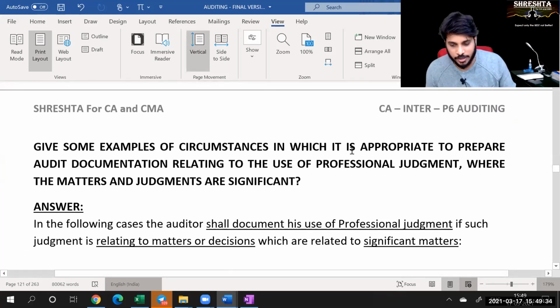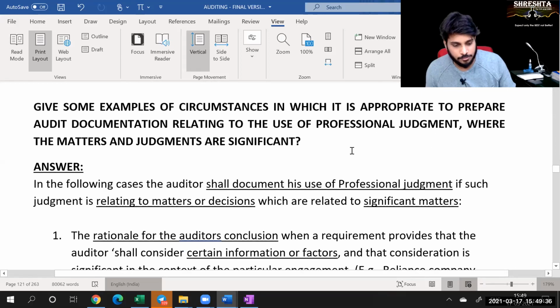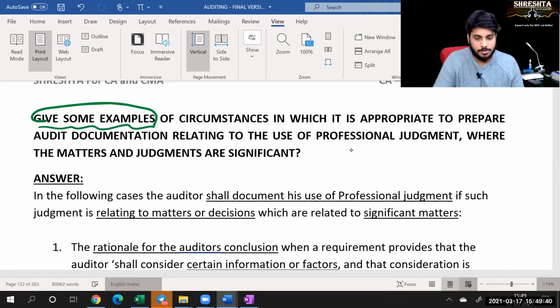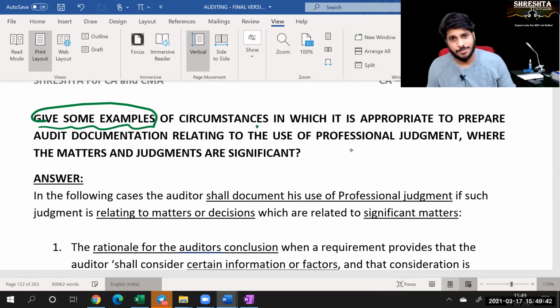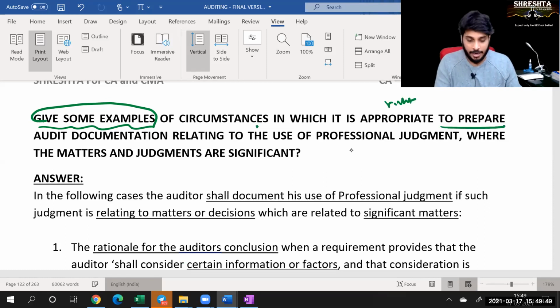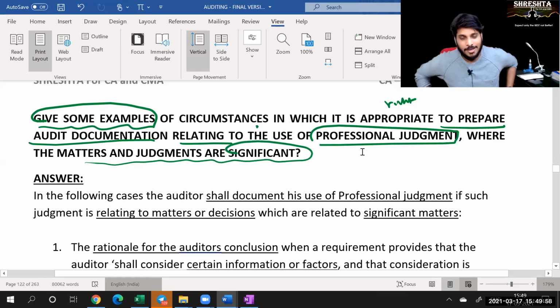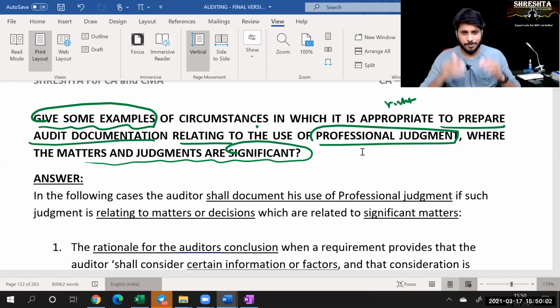Then question number 21. Give some examples of circumstances where it is appropriate to prepare documentation relating to the use of professional judgment, where the matters and judgments are significant. See, professional judgment is nothing but a thought process.